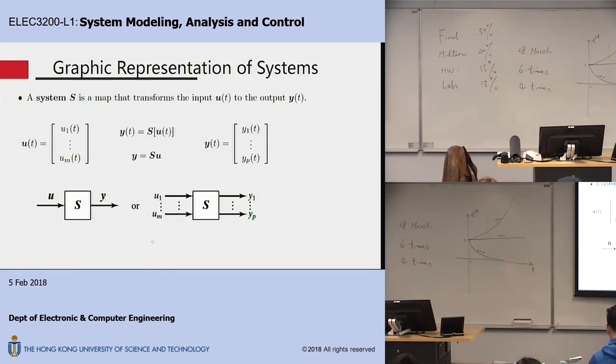So basically, you take a signal, a time function, a whole function, and send it to a processor. This system can be considered a processor, like a black box. You don't really know what's going on inside. You send it in, and at the other end you have something coming out. That thing coming out is called the output.